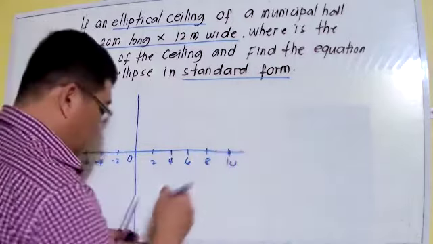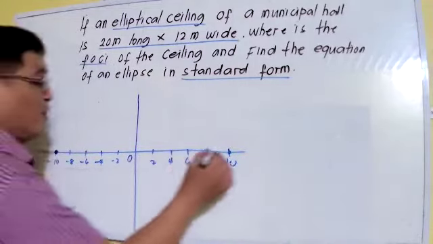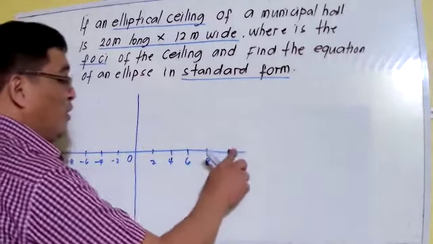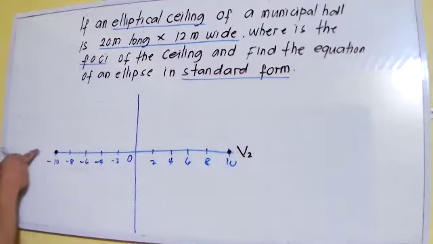So from here, pwede natin malaman agad na this will be the major axis ng elliptical ceiling. Kung ito yung major axis, this will be the vertex 2 and this will be the vertex 1.